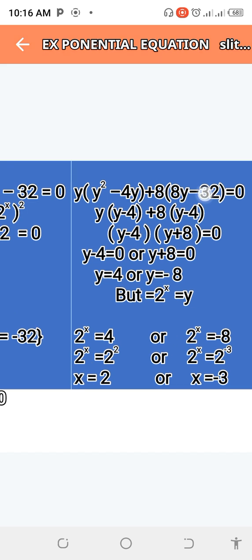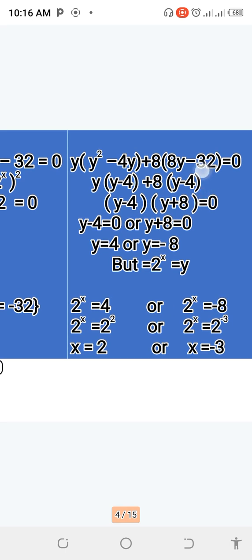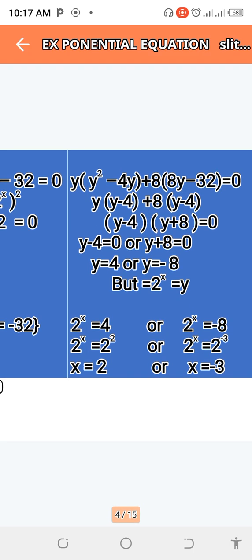In the other section, we have 8y minus 32, and one thing is common there: 8. So we bring out 8 and use 8 to factorize the expression. 8y divided by 8, you have y. And 32 divided by 8, you have 4.